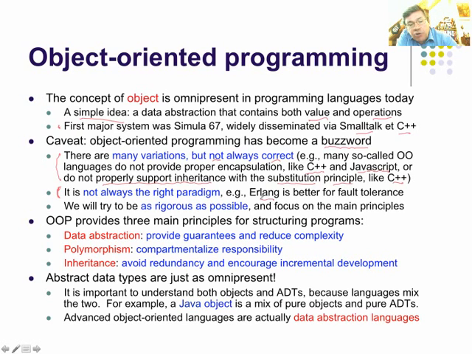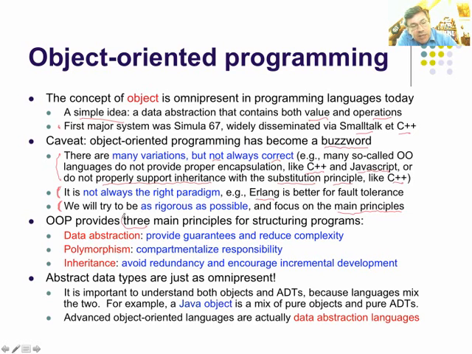For example, there is a language called Erlang, which is in fact much better for building fault-tolerant systems that are able to survive both software and hardware failures, systems that can be distributed, that have high availability, which means that the chance that the system is working at any instant is very high, close to 100%. So in this course, we will try to be rigorous and focus on the main principles of object-oriented programming. So we're not going to let ourselves be influenced by the hype. We're going to look at the actual principles.